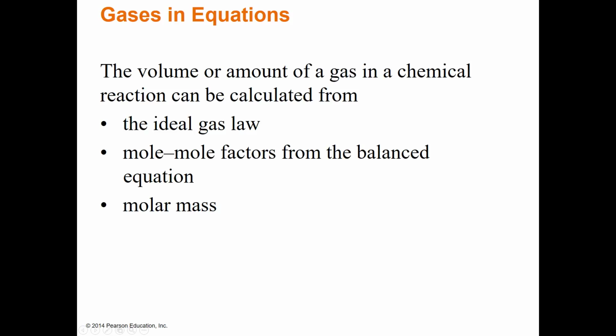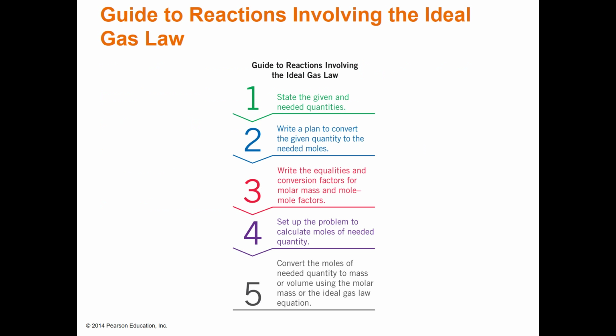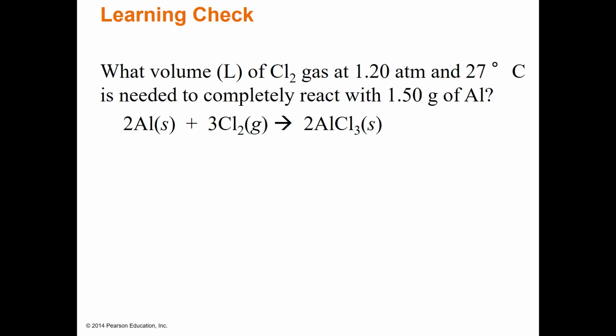So let's look at this problem. What volume in liters of chlorine gas at 1.2 atmospheres and 27 degrees Celsius is needed to completely react with 1.5 grams of aluminum? So you want to think about what's given over here and what you're looking for. You're looking for the volume of chlorine gas that you would need to react with the mass of aluminum that's given.